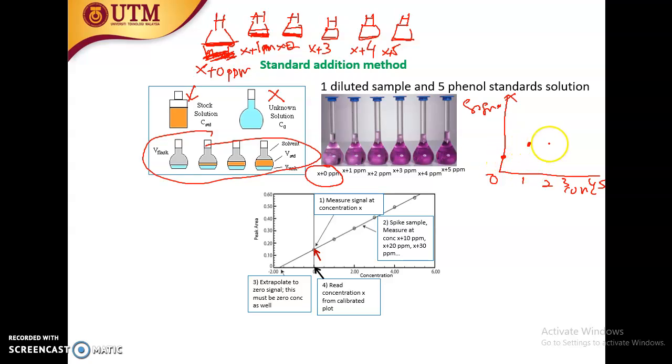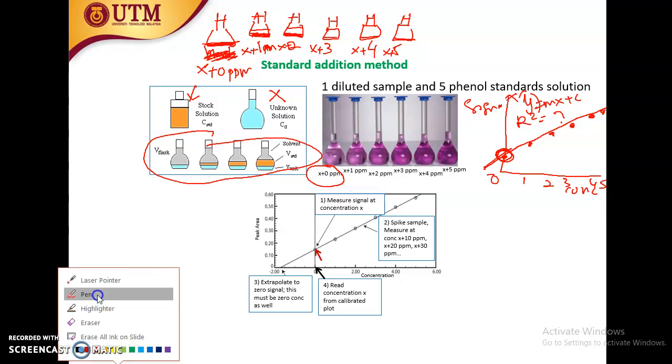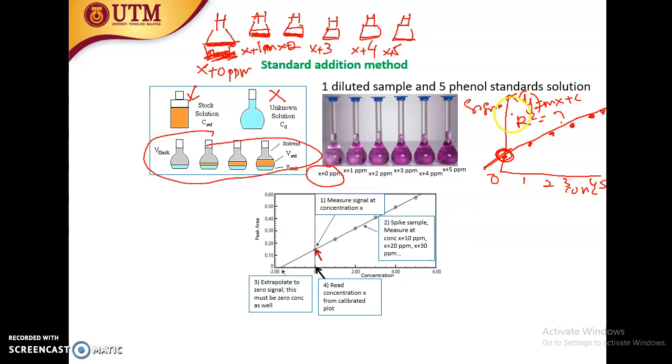Then 1 ppm, 2 ppm, 3 ppm, 4 and 5. So from the y = mx + c, how do we calculate the X? The X, the concentration for sample X, means that you are going to set Y to 0. Y = 0 represents when you extrapolate to the negative side of the x-axis.